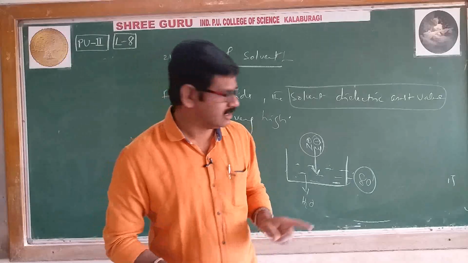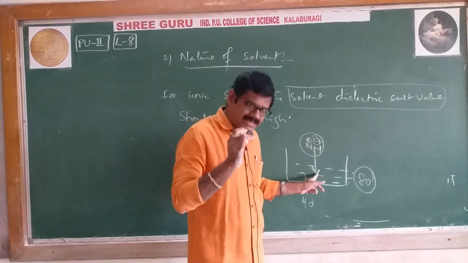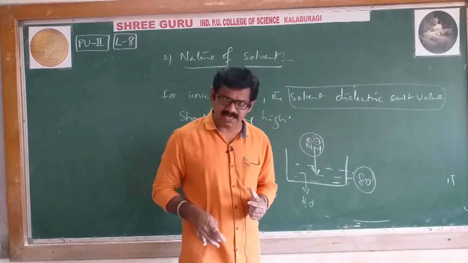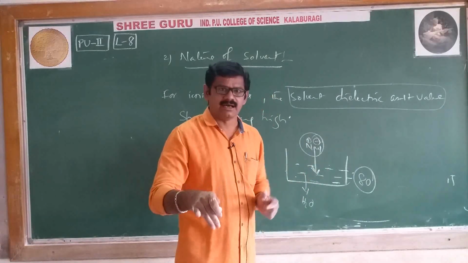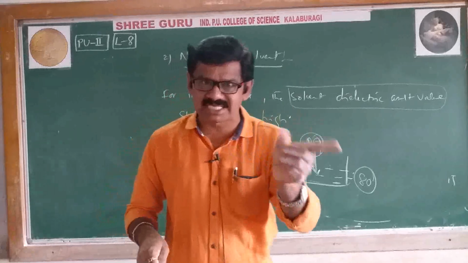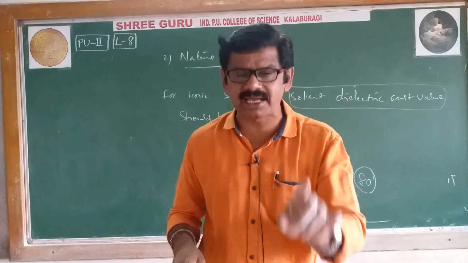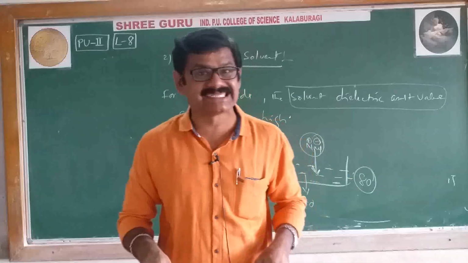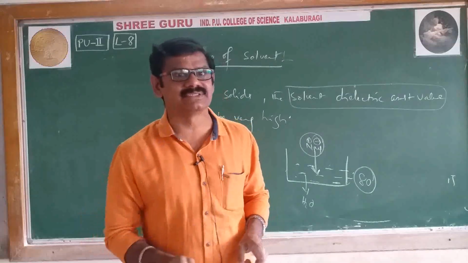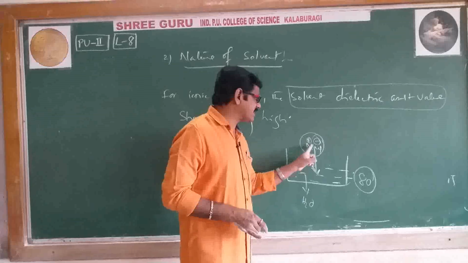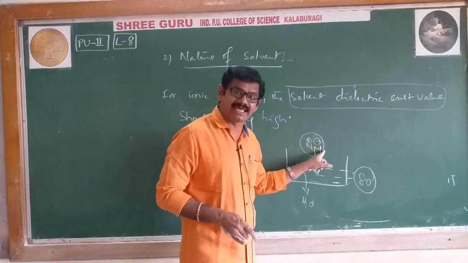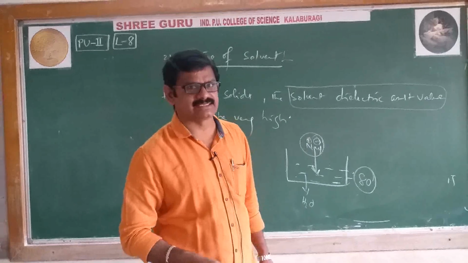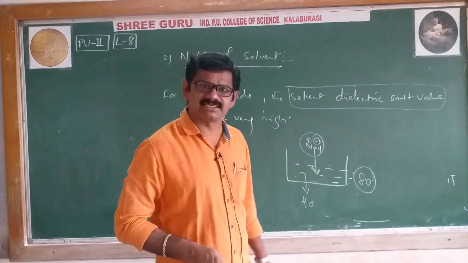I'll repeat: water's dielectric constant of 80 means that when an ionic compound dissolves in water, the attraction forces between the ions are decreased by 80 times. Then automatically, if attraction forces are decreased, solubility will increase. That is what is called the dielectric constant.